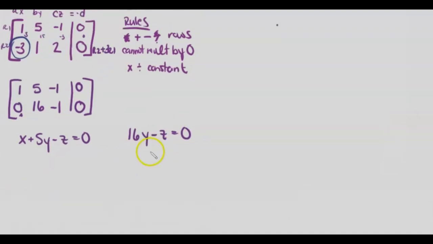So what we want to do is sub one equation into the other. So let's go ahead and bring over this z, and we get 16y equals z. So what we can do is sub this into the first equation. Okay, so x plus 5y minus, z is equivalent to 16y, equals 0.